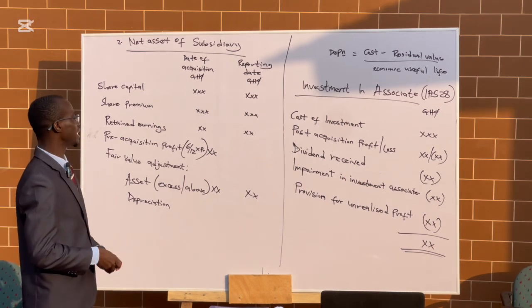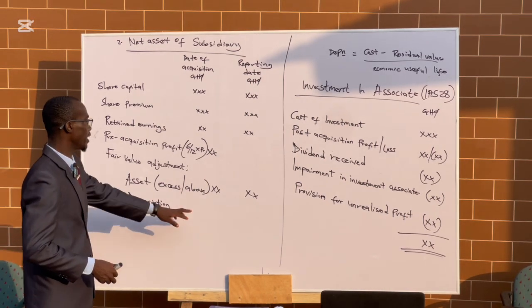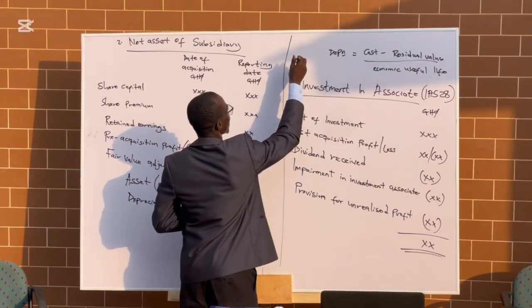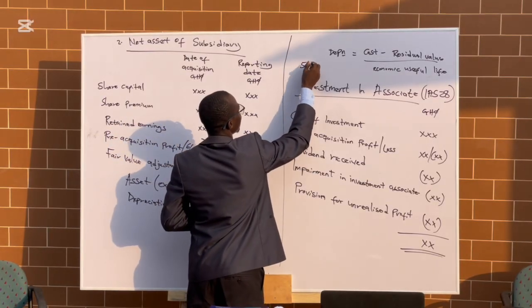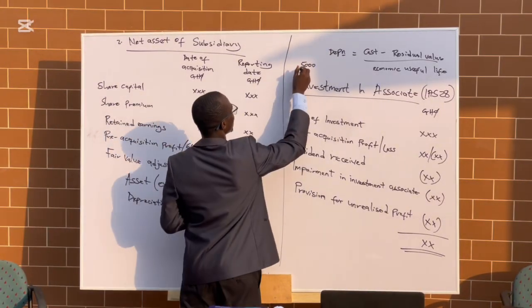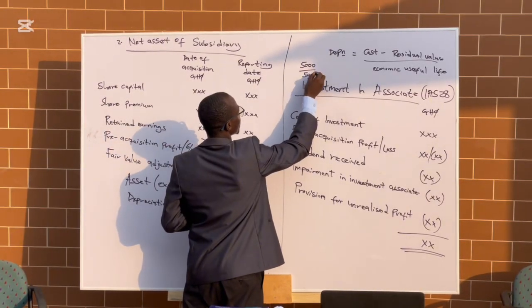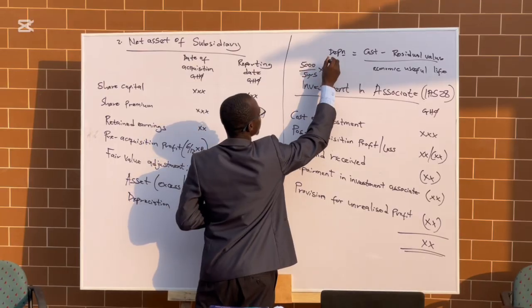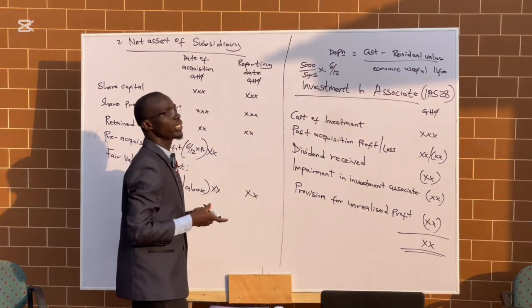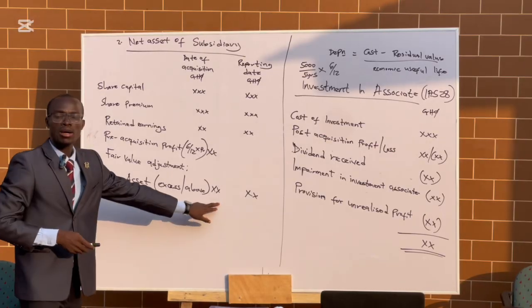Let's say the asset amount is 5,000, and they tell you the remaining useful life of the asset is 5 years. So we divide it by 5 years. Then you also take into account the post-acquisition period, which is 6 months. So this will give you the depreciation figure, the one that you bring here.